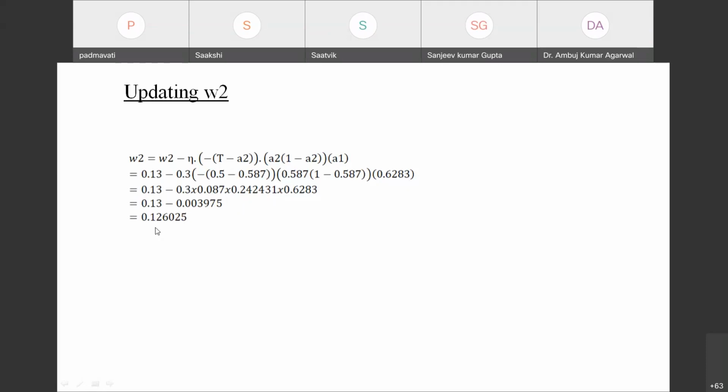There is no rule that weights should always be reduced; after updating we may get a higher value than the previous weights, or a reduced value. Here the weight W2 has been reduced.